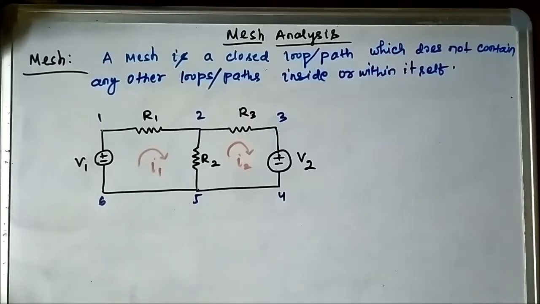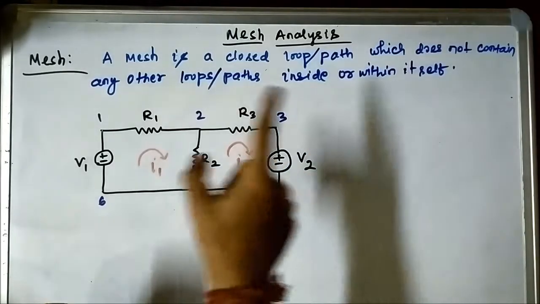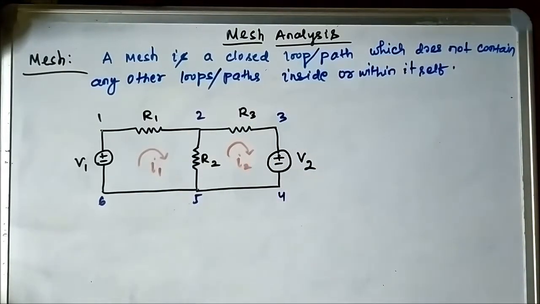must understand what a mesh is, the basic definition of a mesh. A mesh is actually a closed path, a closed loop. That closed path can contain various circuit elements: voltage sources, current sources, resistors, inductors, capacitors, whatever.